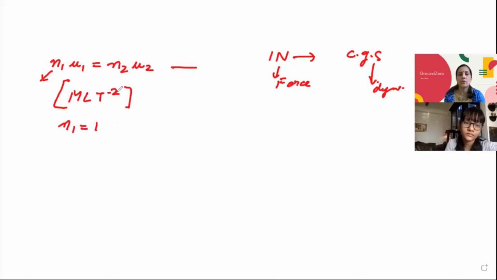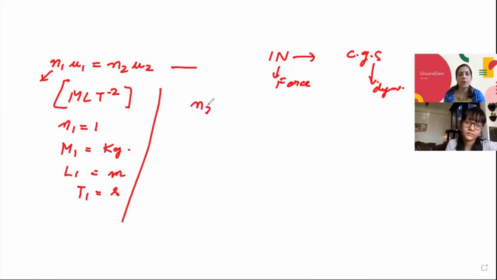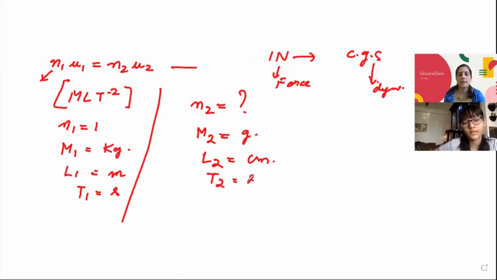So M1 is kg, L1 is in meters, and T1 is in seconds. This is for SI. Now we have to find the numerical value for the CGS system, which we don't know. M2 is in grams, L2 is in centimeters, and T2 is in seconds again.